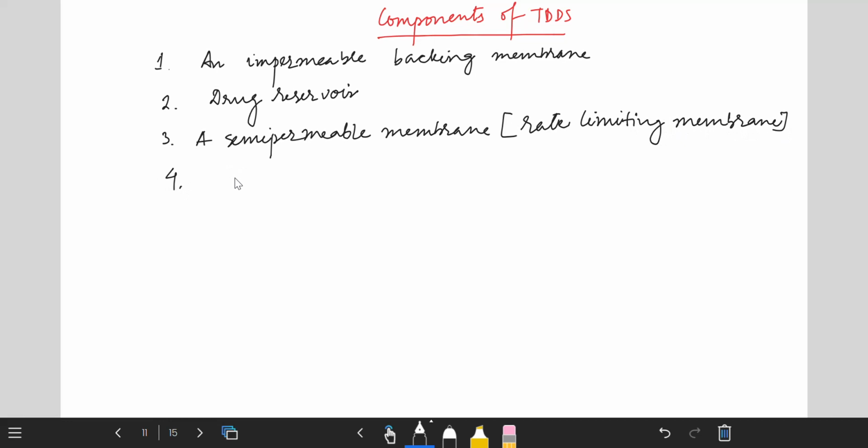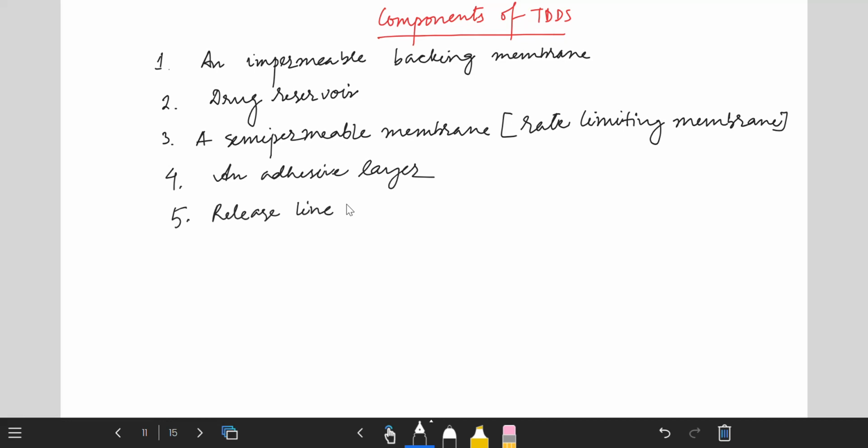And the fourth one is an adhesive layer. The fifth one is release liner. Release liner is a protection for the patch during storage, which we should remove before the application.